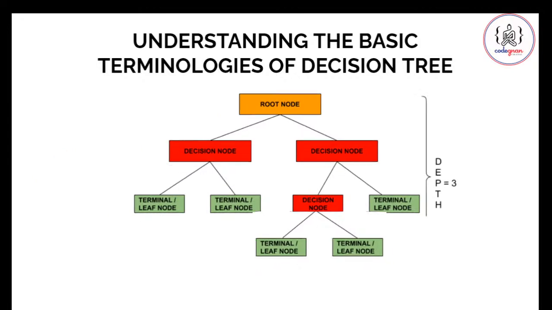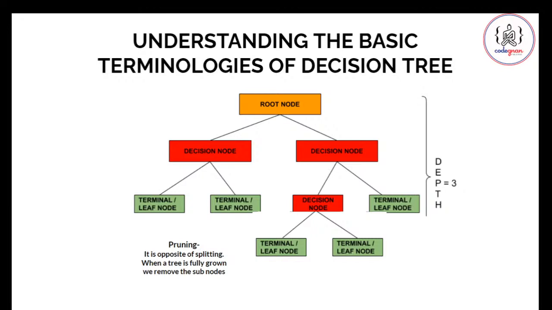All right. Now there is something called pruning. Now what is pruning here? Pruning is the opposite of splitting. In splitting, we used to divide these subnodes into different subnodes, right? So you have this decision node, then you divide it, then you have terminal nodes. And in pruning, it is the opposite of splitting.